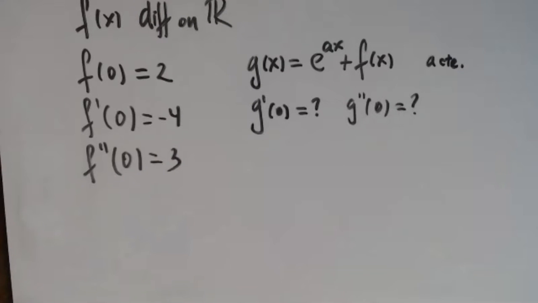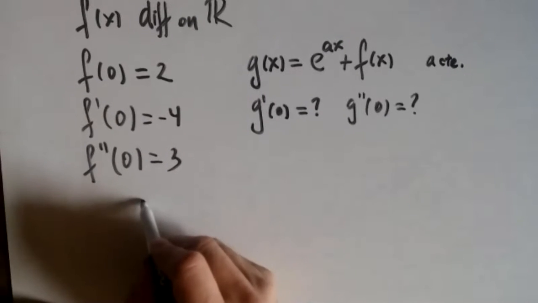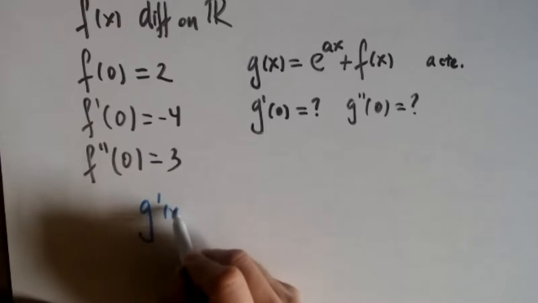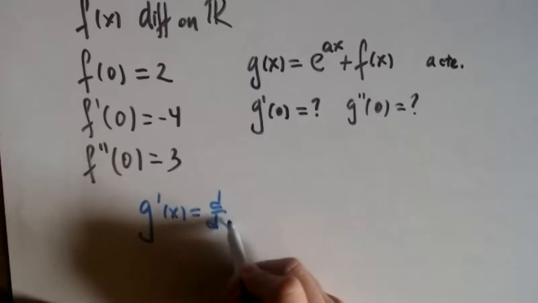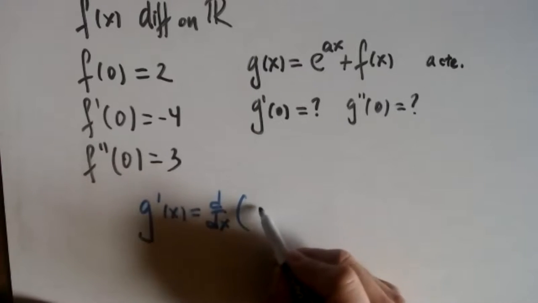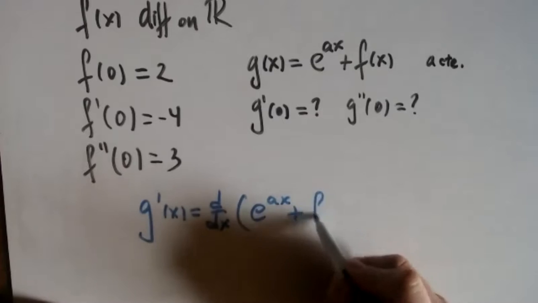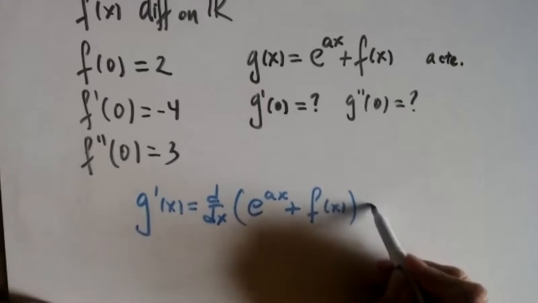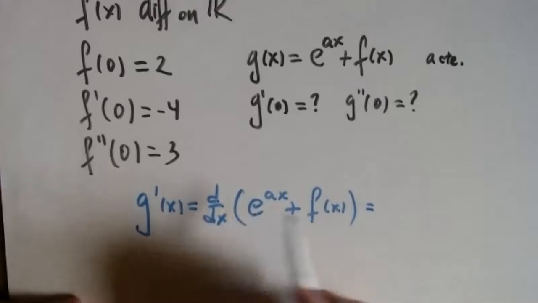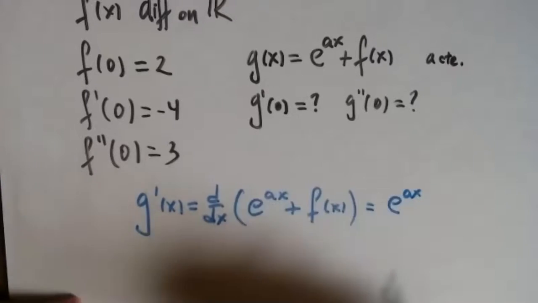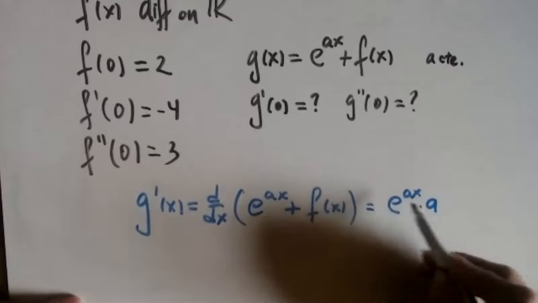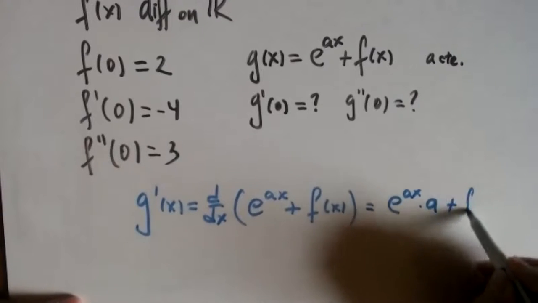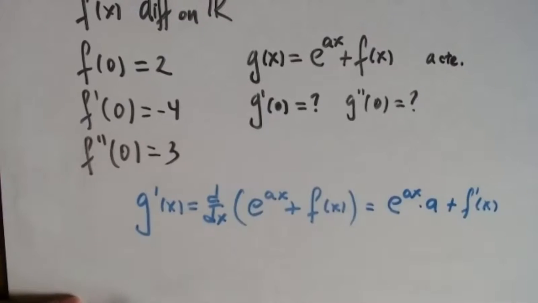What you can do very simply is take the derivative. So g prime of x is the derivative with respect to x of e to the ax plus f of x. The derivative of the exponential is the exponential again, times a, the derivative of ax, plus f prime of x.